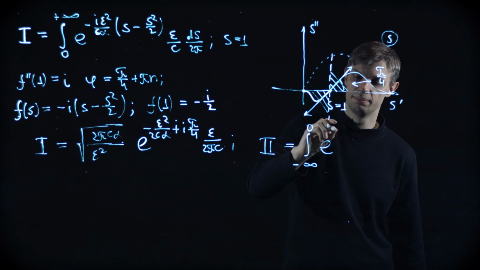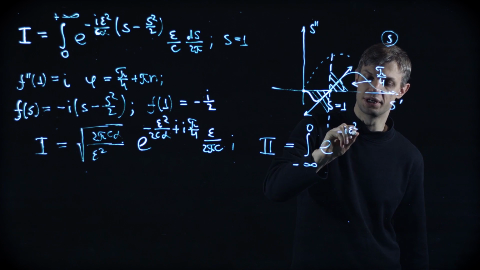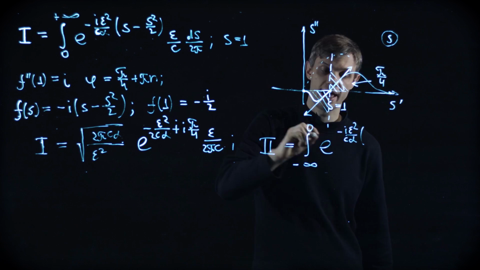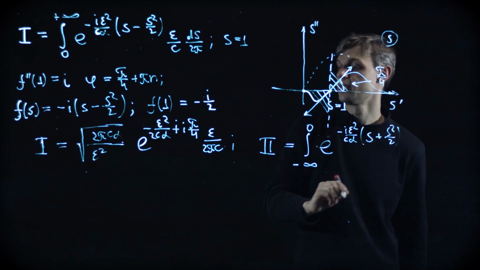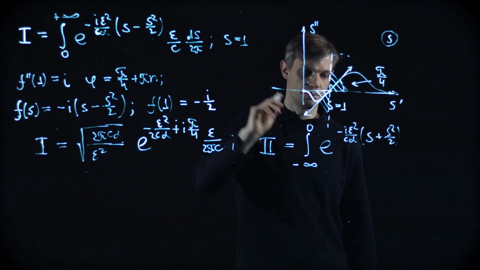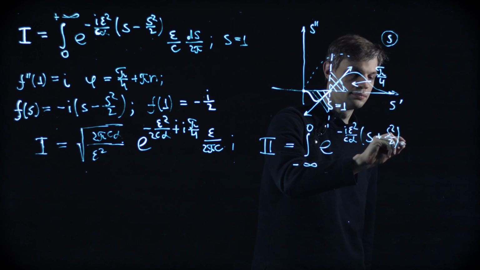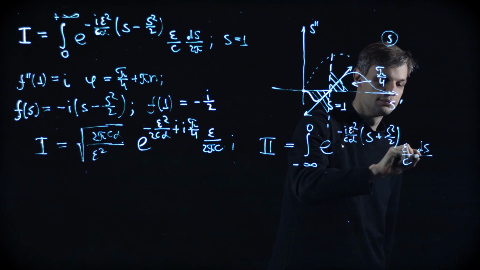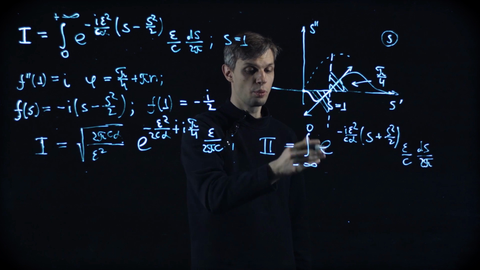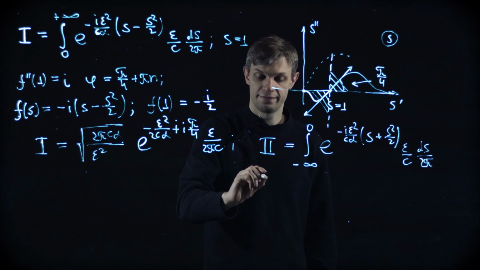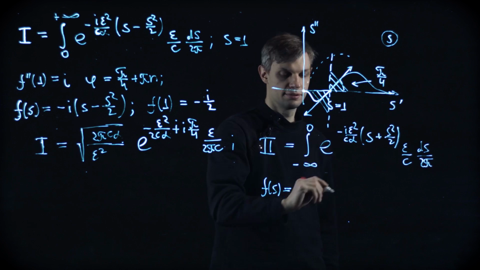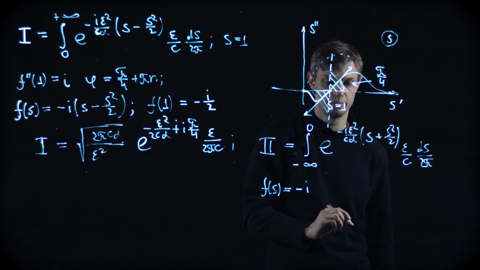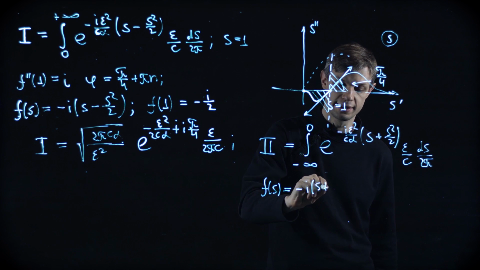So it's going to be minus i epsilon squared over C alpha multiplied by s, this time plus s squared over 2, and again epsilon over C ds over 2 pi. And again, we introduce our f function, f of s, now equal to, as before, minus i times s plus s squared over 2.